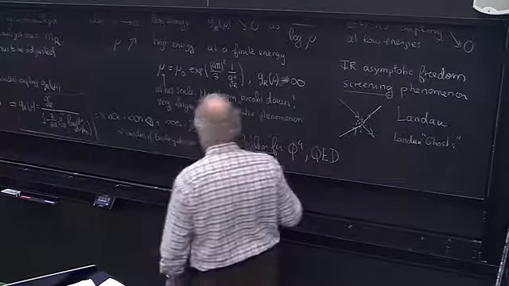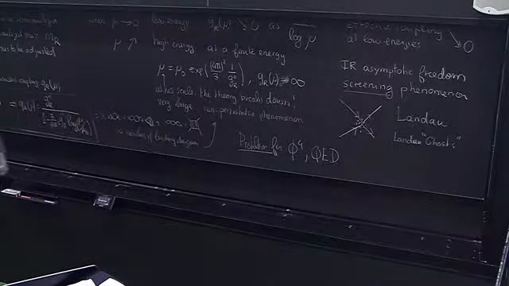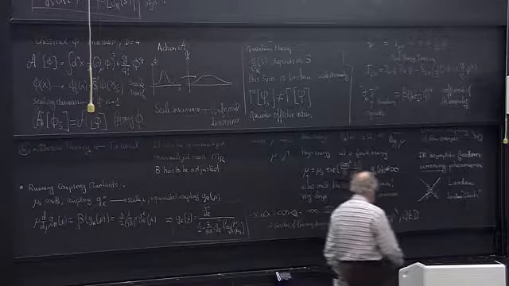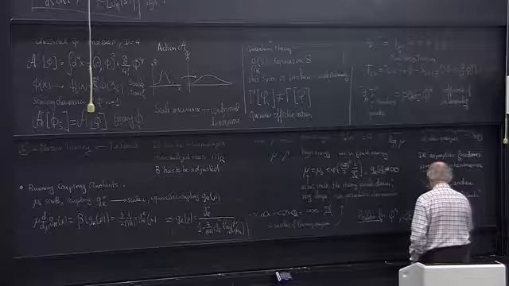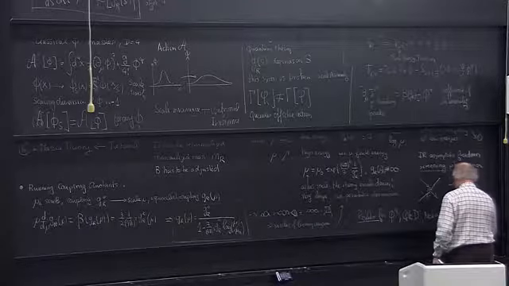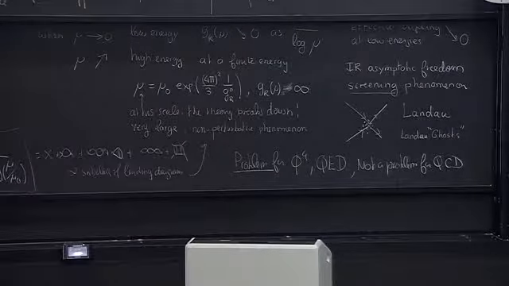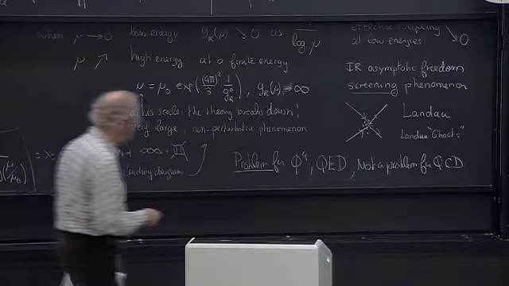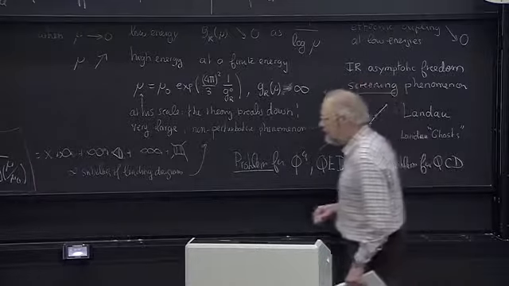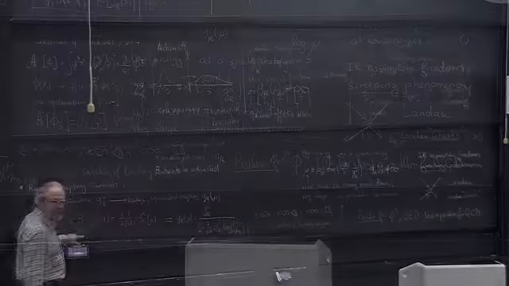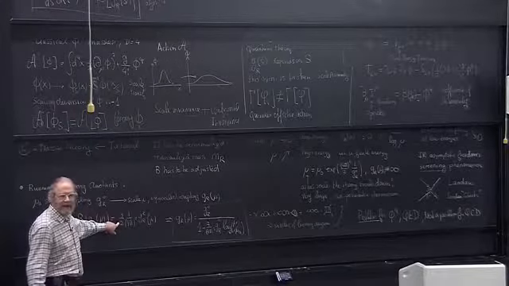But of course, this problem is not there for a theory where the beta function has a negative sign. Okay? So it's not a problem for QCD, the theory of strong interaction, and for theories involving non-abelian gauge fields. Because in that case, a famous calculation by 't Hooft and then by Gross, Politzer, and Wilczek showed that for non-abelian gauge theories, the beta function has a negative sign.